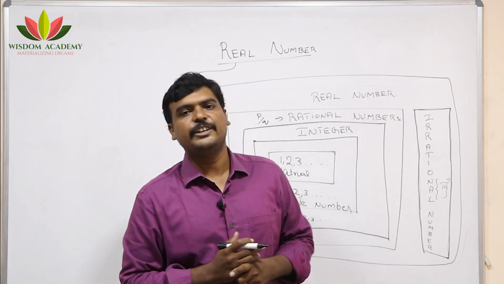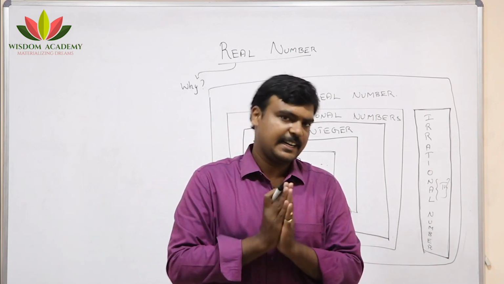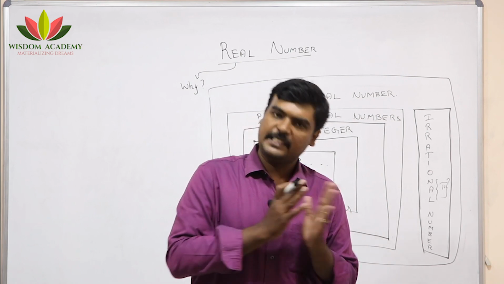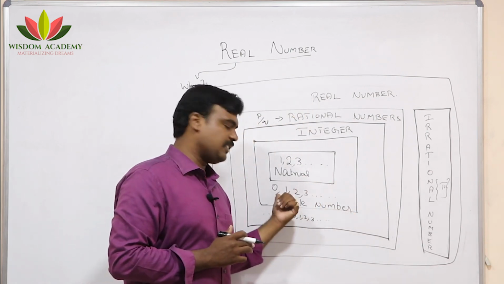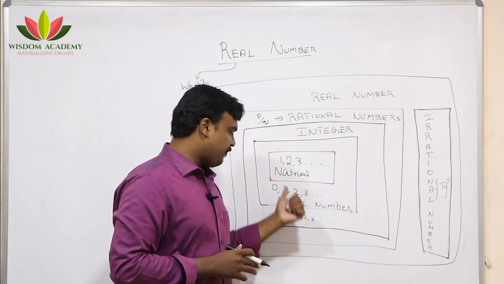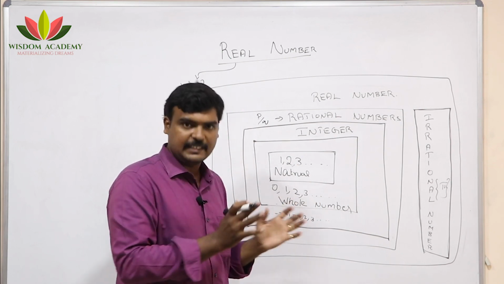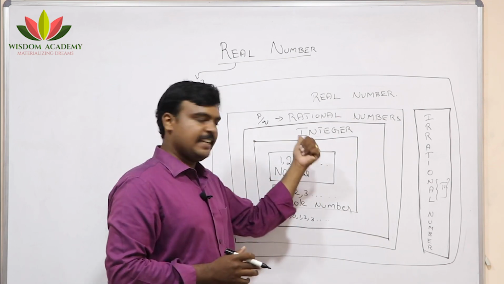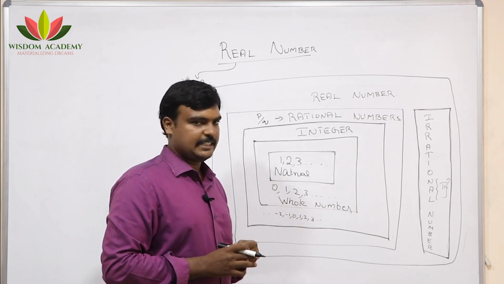In this video, we are going to see why this number system is named as real numbers. Why not something else? See, whole number means they thought after this there is no other number. That's why they called it whole number. After finding integers, negative numbers, they thought this is the whole, nothing else, no other numbers are there. Integers indirectly mean whole, everything.